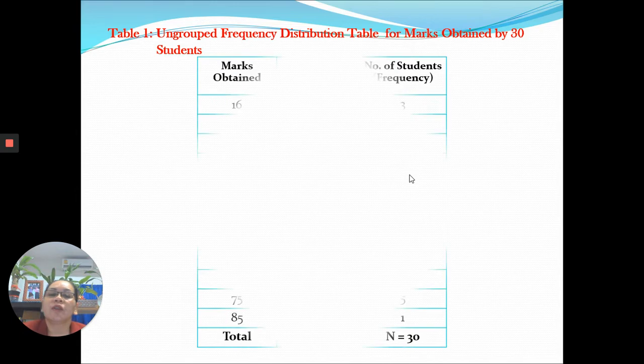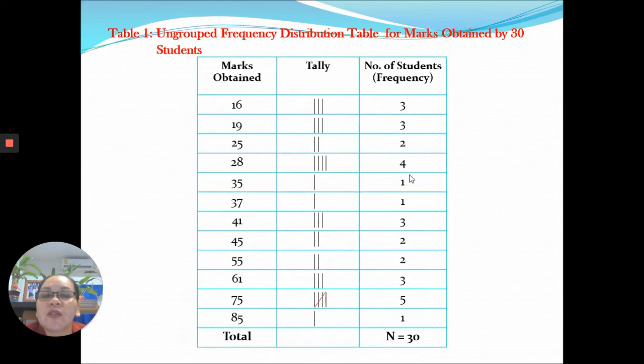Then your frequency distribution table would look like this. The marks here, you have 16, 19, 25, and you just have to write them at once: 28, 35, 37, and so on to 85.